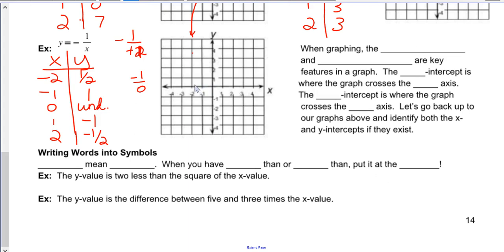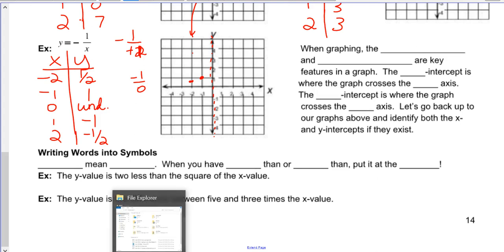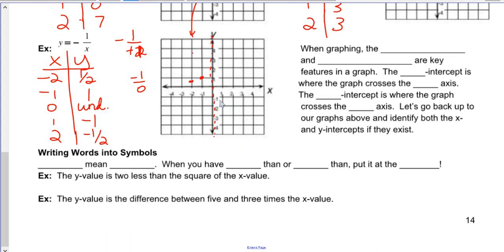So negative 2, 1/2 would be about here. Negative 1, positive 1 is here. We don't have any points here. This is undefined, so nothing's going to cross that line. And then at 1, negative 1, I have this point. And at 2, we have negative 1/2, which is about here.